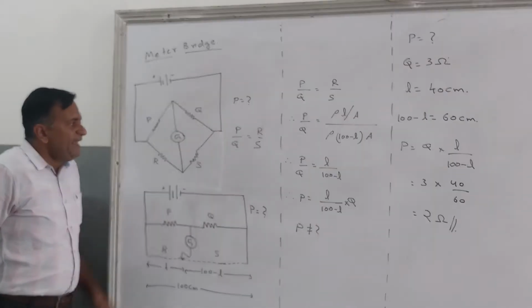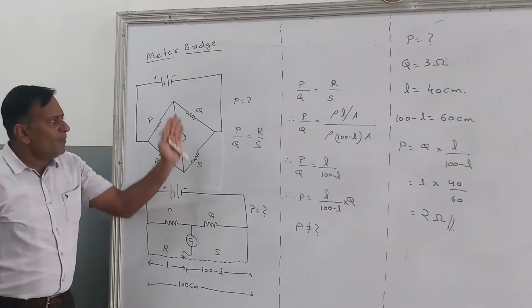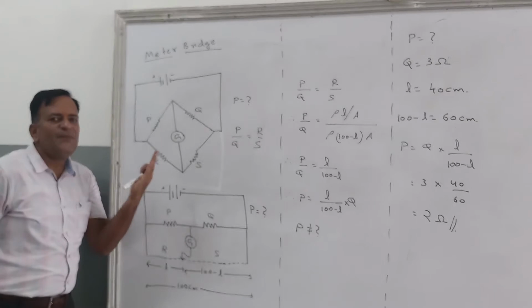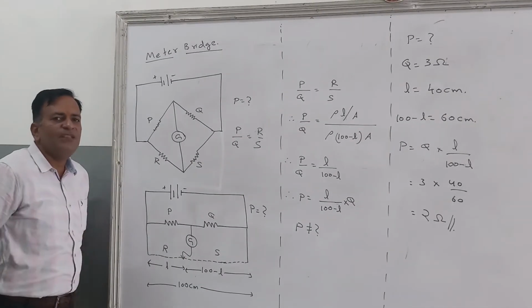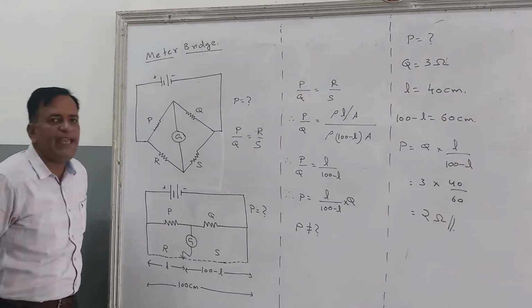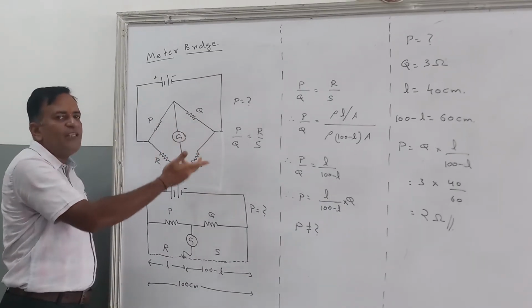Now, in a Wheatstone bridge, to balance it, you know what is balancing the bridge? The current through the galvanometer must become 0. You will have to change Q. And how do we change it?